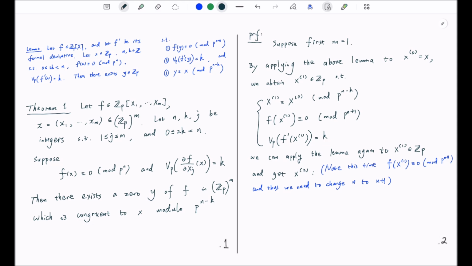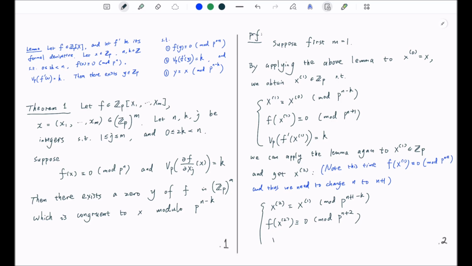The new conclusions here are: first, x superscript 2 is congruent to x superscript 1 modulo p to the power n plus 1 minus k. And secondly, f of x superscript 2 is congruent to 0 modulo p to the power n plus 1 plus 1, which is n plus 2.